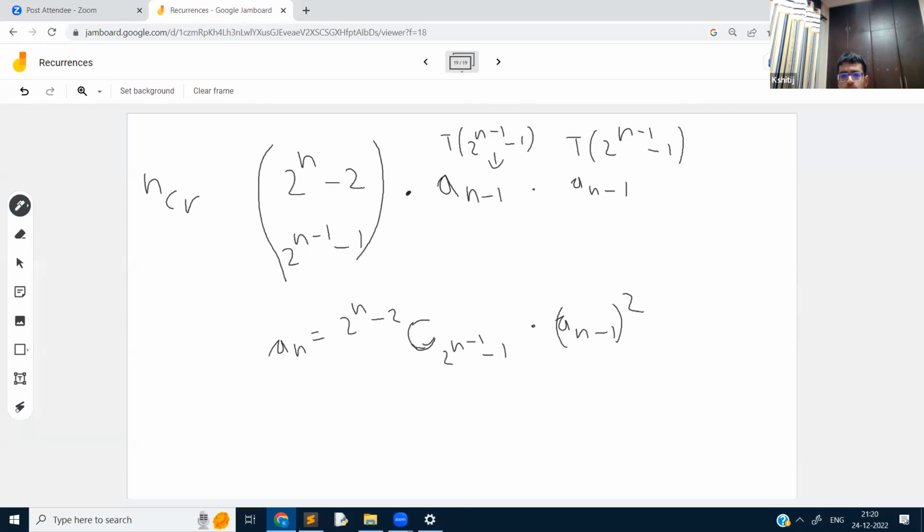Okay, so now the number of ways of solving the left half is an minus 1 and the number of ways of solving the right half is an minus 1 also. Now notice that the numbers may not be a permutation of 1 to 2 to the power n minus 1 minus 1. They may not be a permutation, but they will still work because they are all distinct and so you can map them.